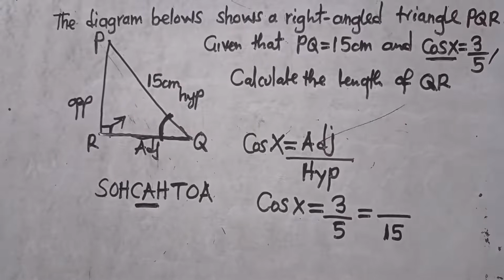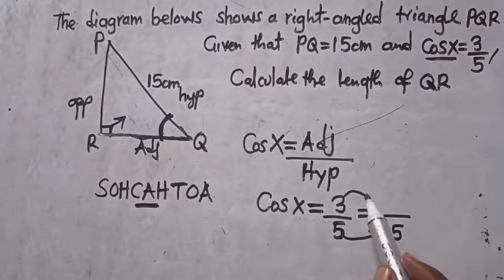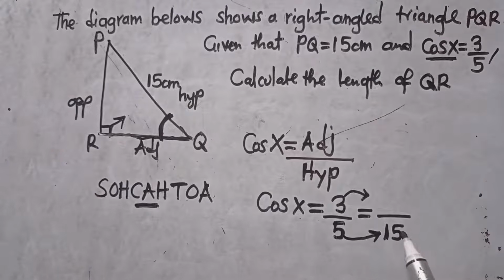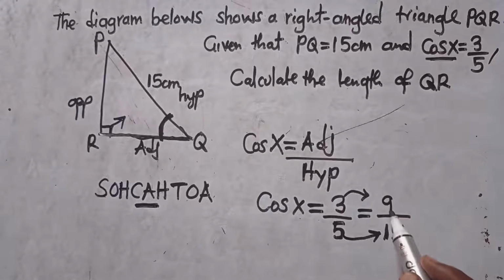Since we are using ratios here, this has taken us to 15. How many times have we multiplied this 5 to get 15? 3 times. So we need to multiply this one by 3 as well to get 9.